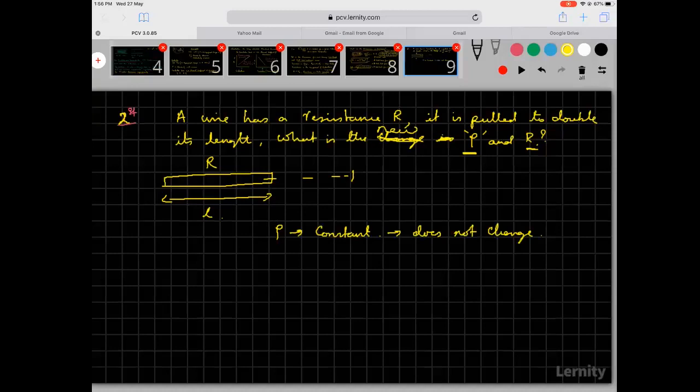L will become double. So what will happen to the new R? The new R will become 2 times R. Okay, you understand this? Okay, if you understand this, take a nice red pen and put one cross.